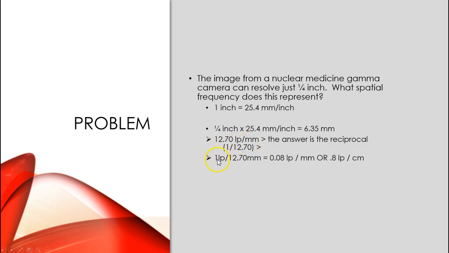So we switch that, and it comes out to 0.08 line pairs per millimeter. Now, in some of the modalities, CT, MR, apparently Nuke Med, they use the unit of centimeters for the resolution. We don't need to worry about that. We're just going to stay in millimeters, okay?